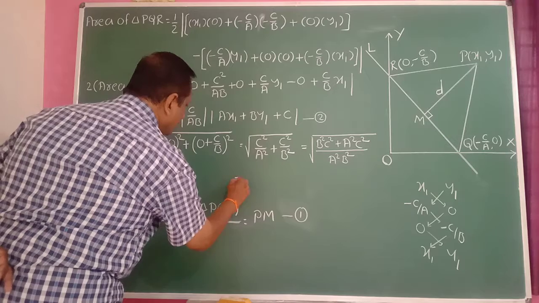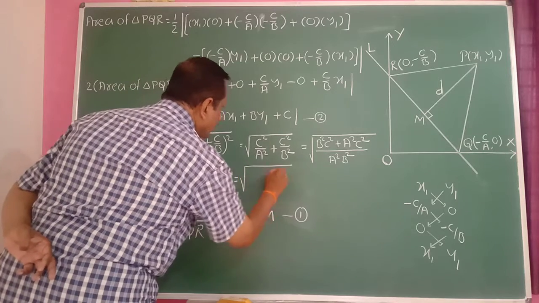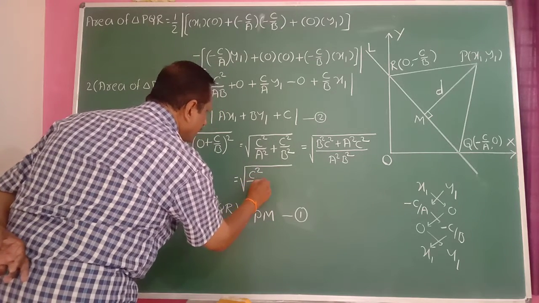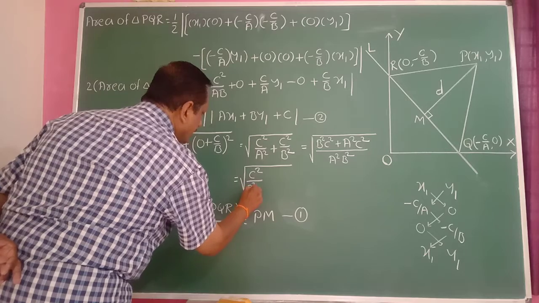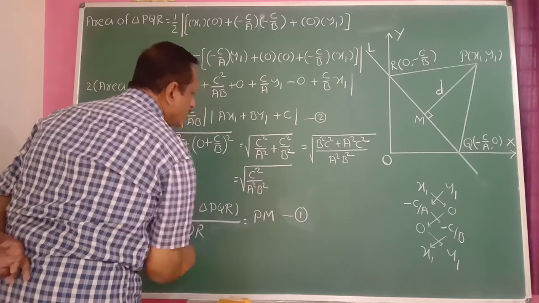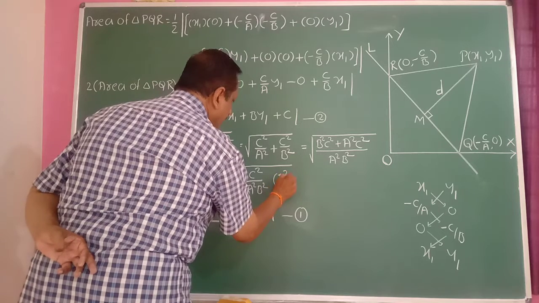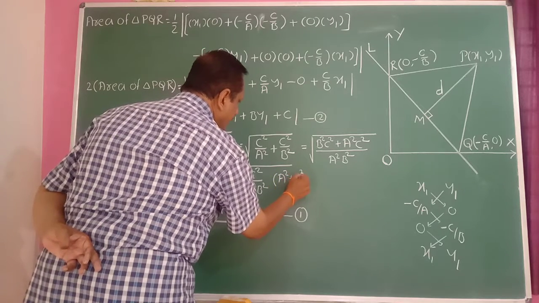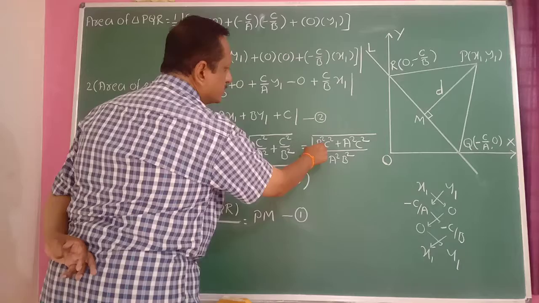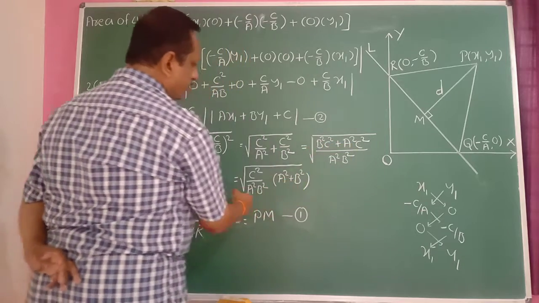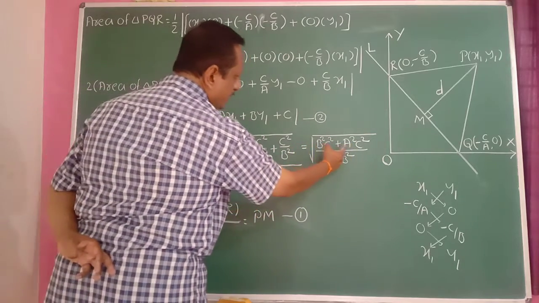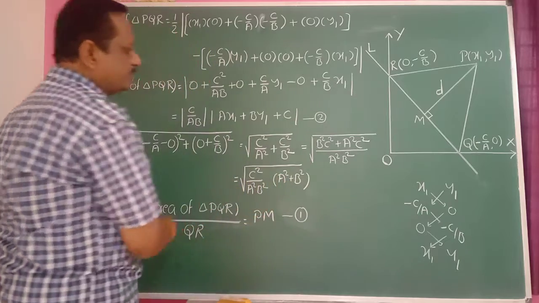Therefore, this is equal to root of c square divided by a square into b square into a square plus b square. So right here a square plus b square in a bracket here. Okay, c square common factor, c square upon a square b square. Then remaining here a square plus b square.